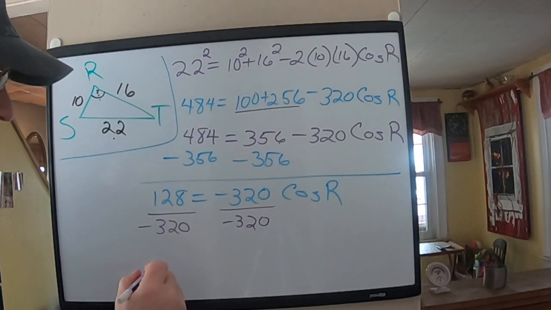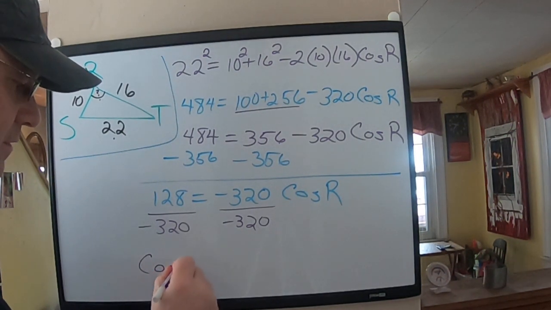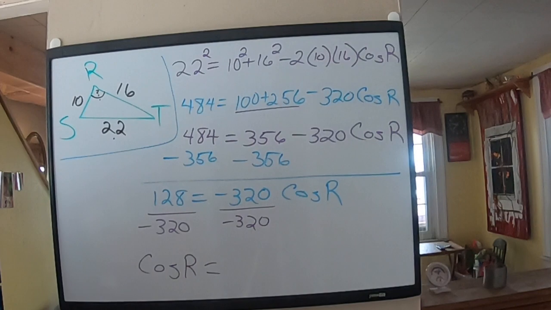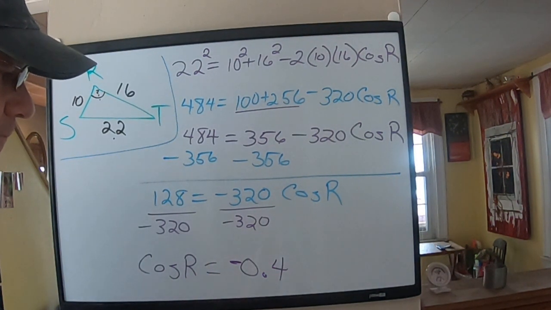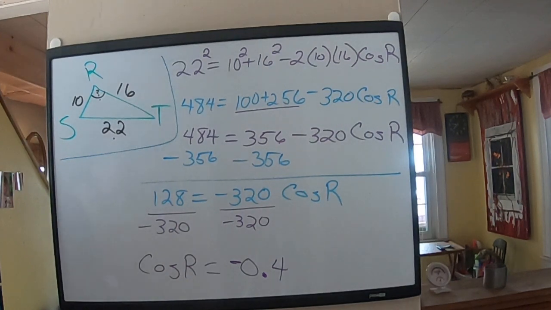So therefore, cosine R equals, let's see, 0.4. Let me just double check that. Yeah, negative 0.4. Now, I'm going to do inverse cosine.